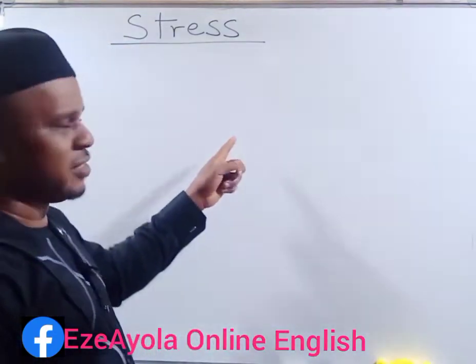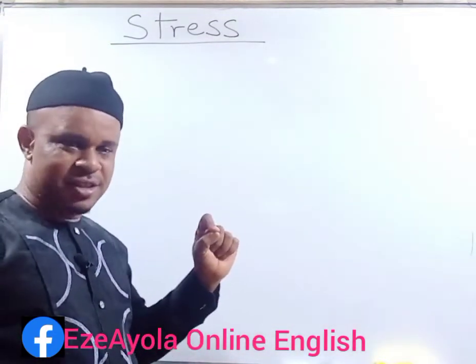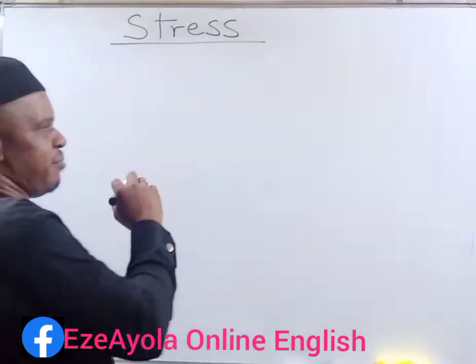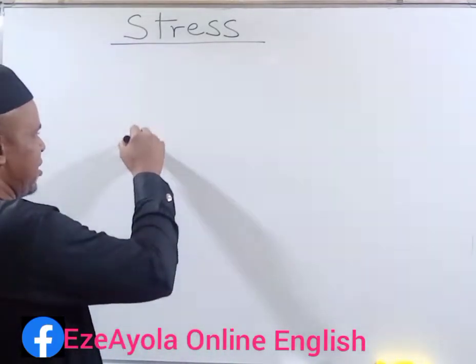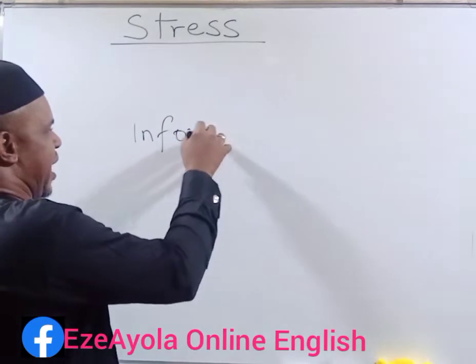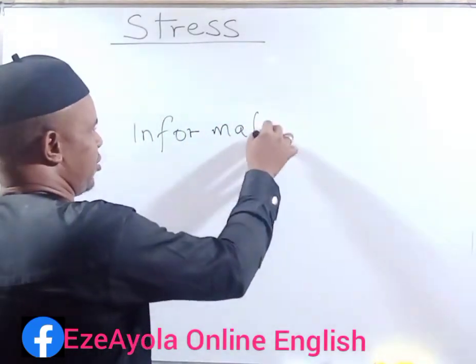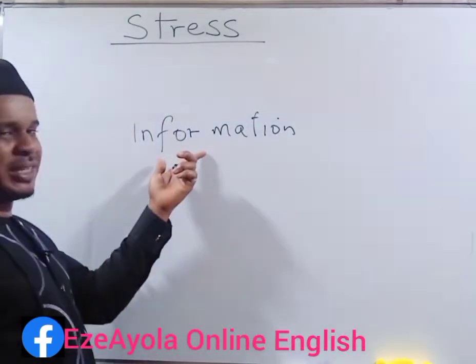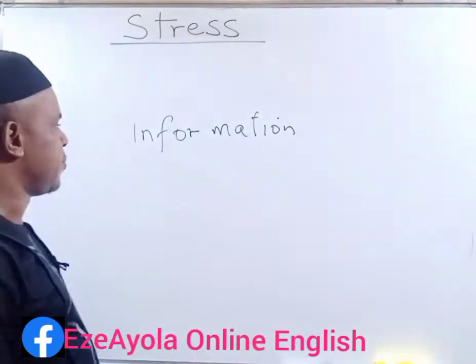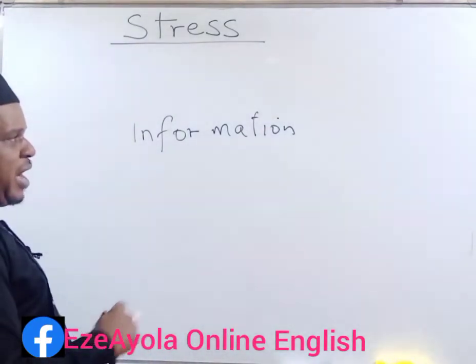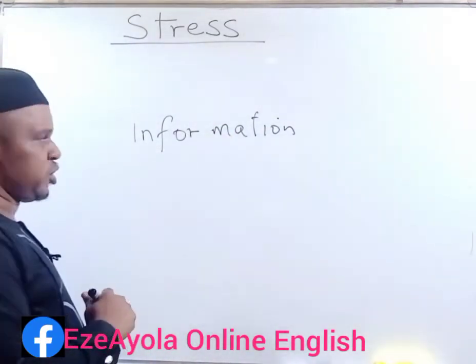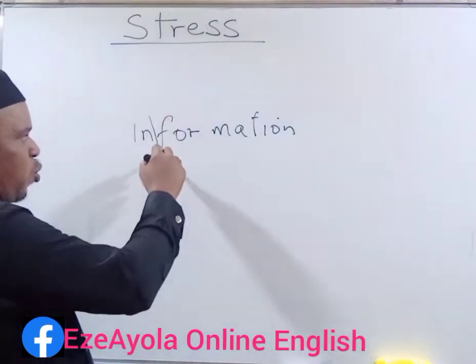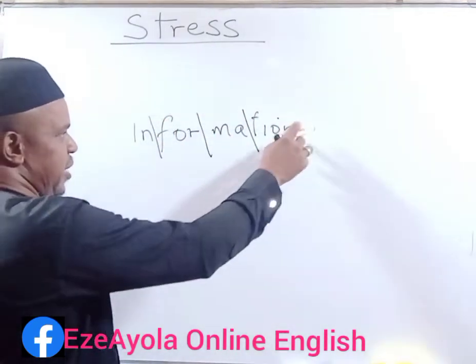Now, but the point is this: in the stress, when we mention an example, words like, if I write something like this on the board, here we have it as information. And this is a single English word that is divided into 1, 2, 3, 4 syllables.